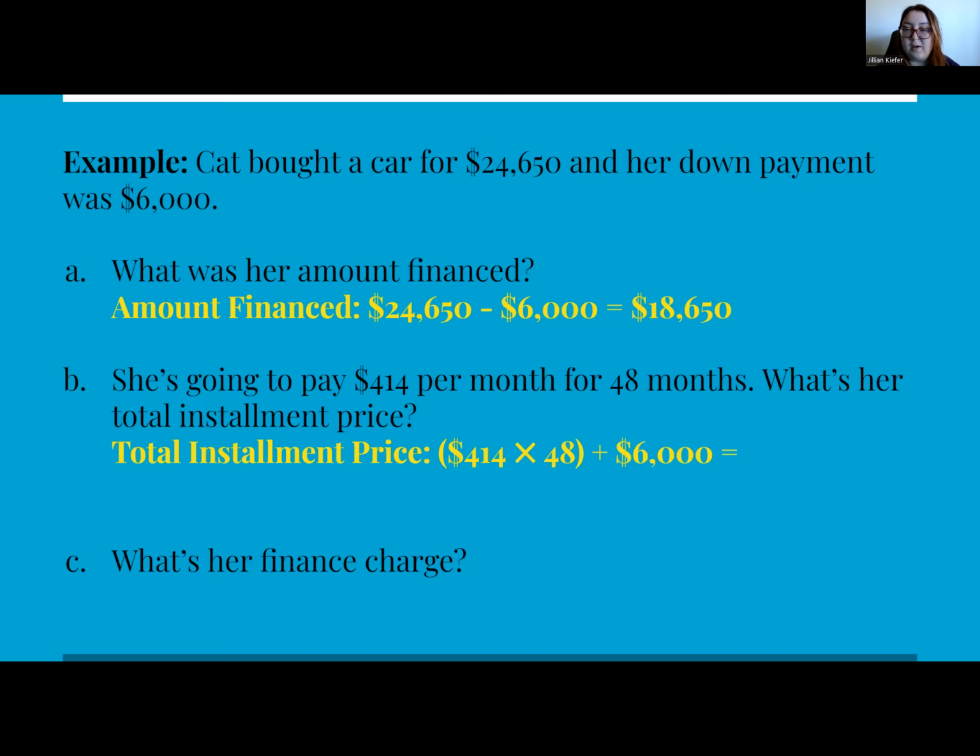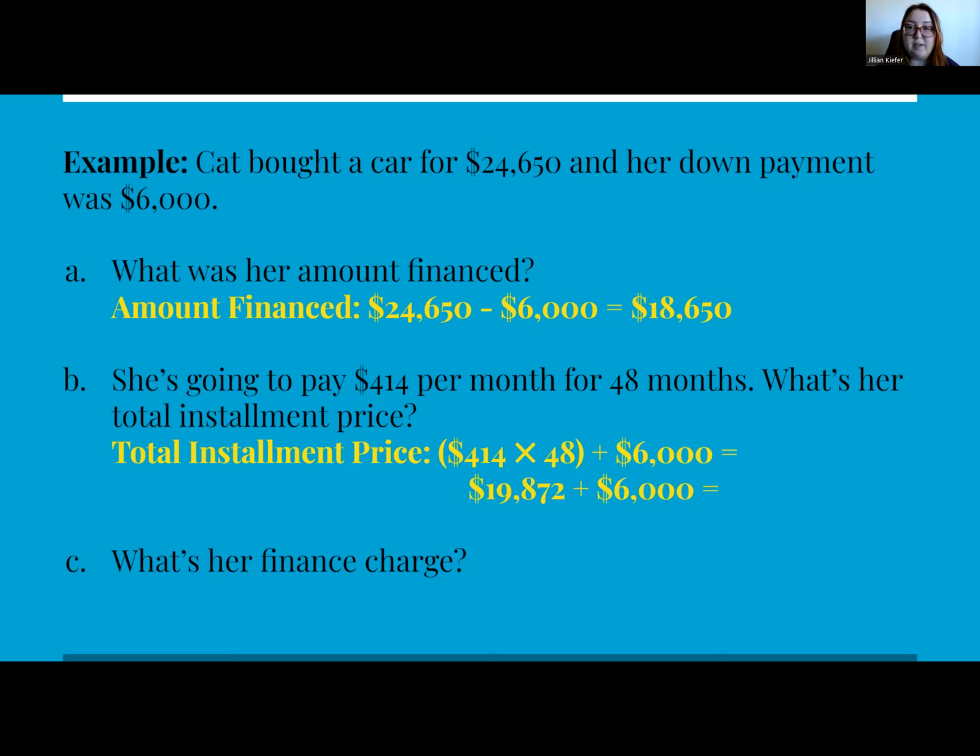So we know that she has $414 per month for 48 months, so the sum of all her payments would be $414 times 48. This was given to us in the context of 4 years, so we would convert that into months since we know her payment is per month, and then calculate that out. And then add on her down payment, the money that she did put up front.